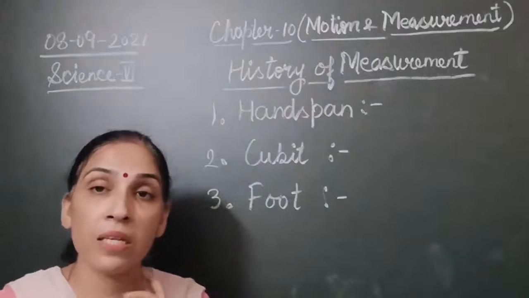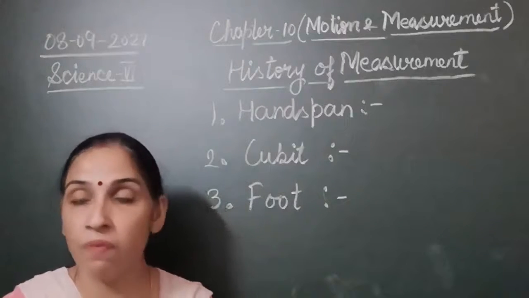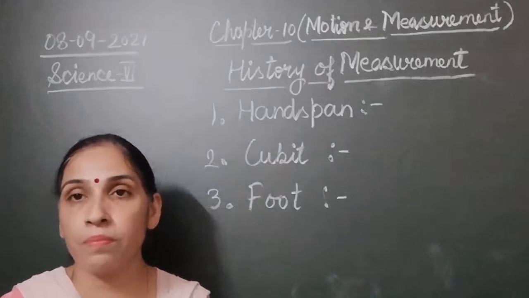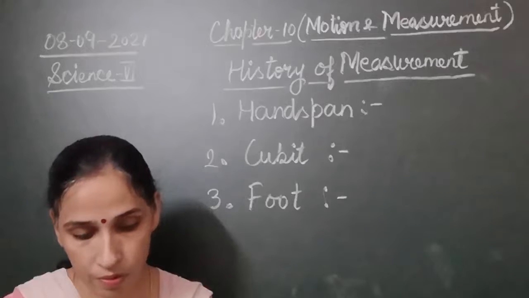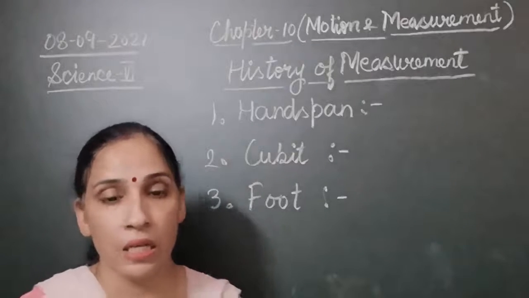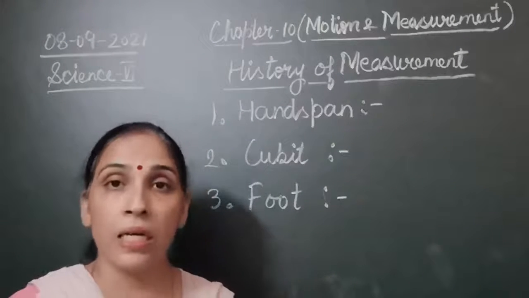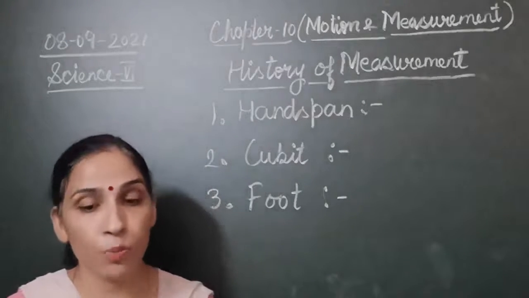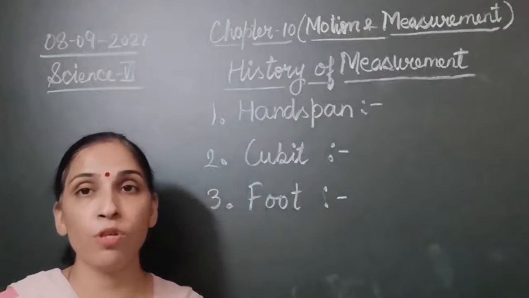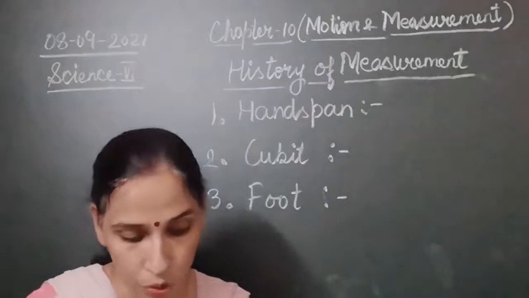Might be there is a difference between my hand and your hand. So the length of that particular thing differs by handspan. Again, the same will happen with your foot span. The length of my foot is not the same as yours.